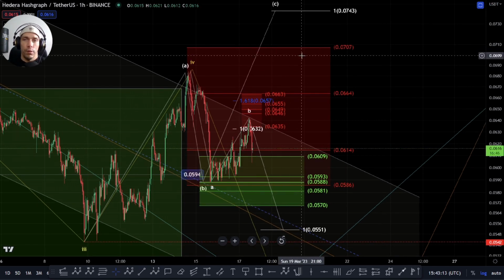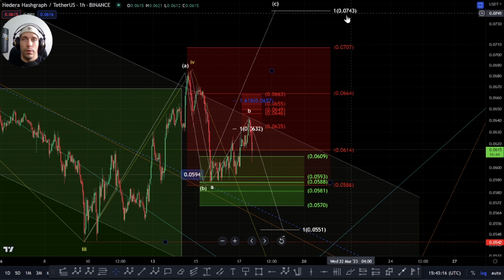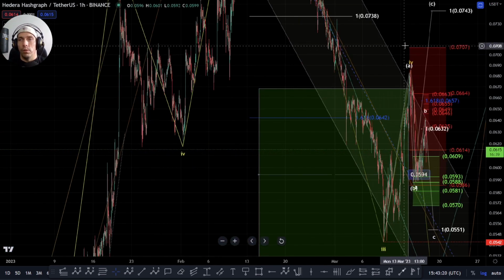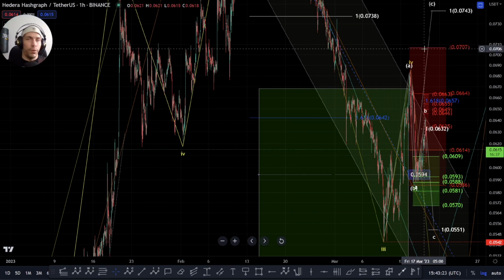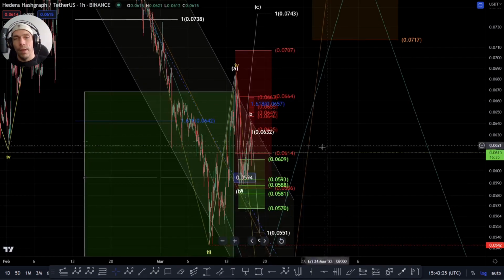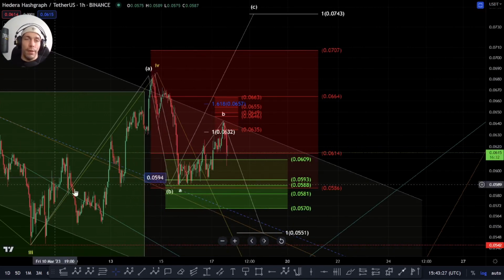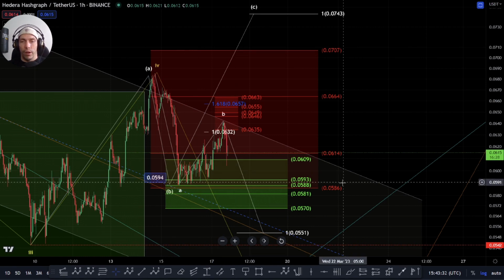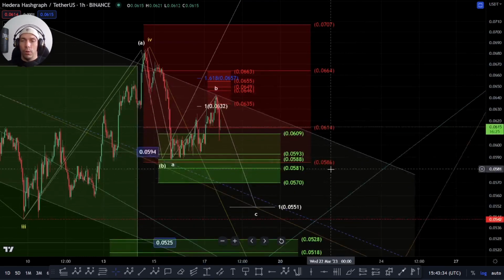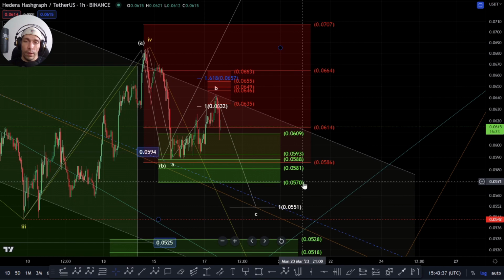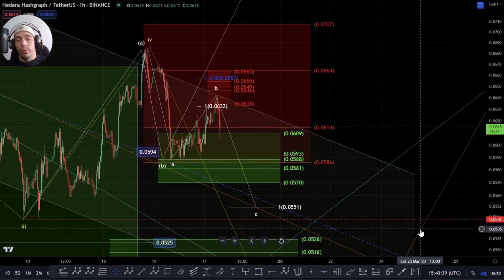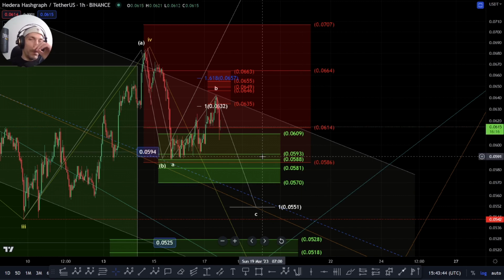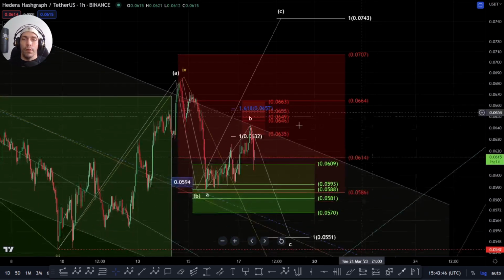Even if we don't manage to push up to this 0743, we could come back and test the higher end of this at a 50%, which could then lead to this fourth wave being complete. But we have moved up into a typical fourth wave area, so this could start to break down. So we need to watch this: for as long as we hold above this 0542, and preferably this 0570, we can look for continuation to the upside.